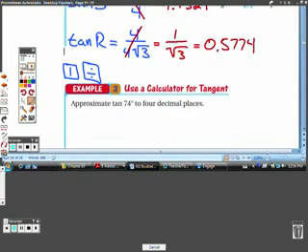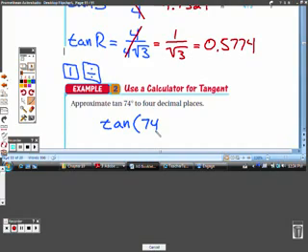Now, you're not going to believe how fast example 2 is going to go by, so watch. It says approximate the tangent of 74 degrees. Type in the tangent button, and it puts a parenthesis up there automatically for you. Then 74.